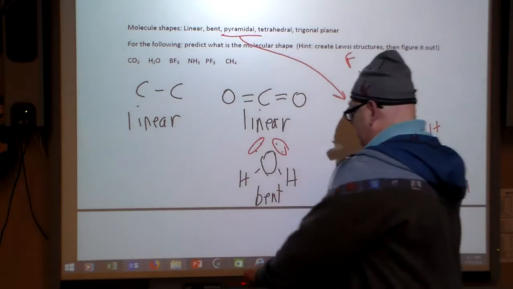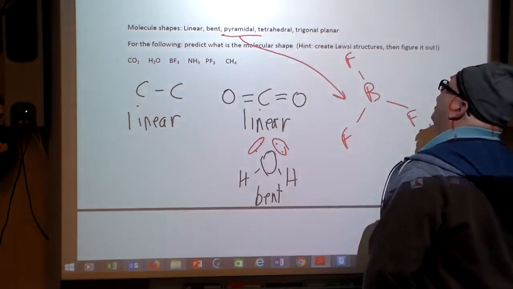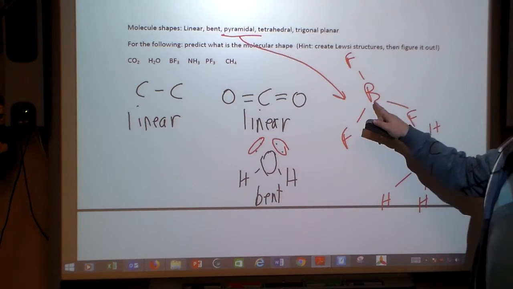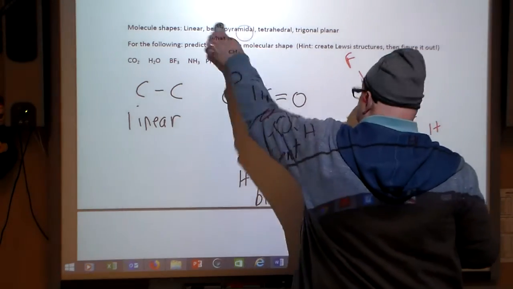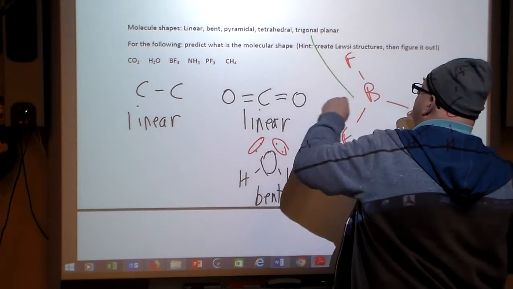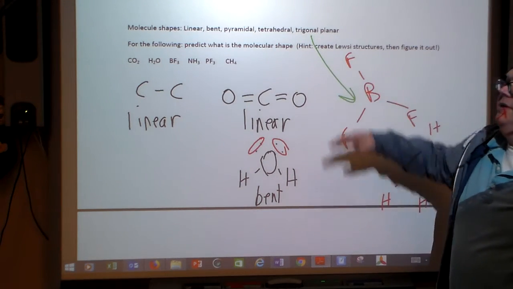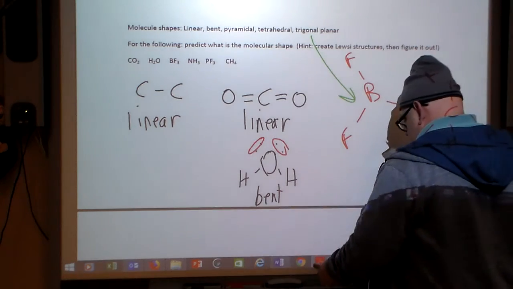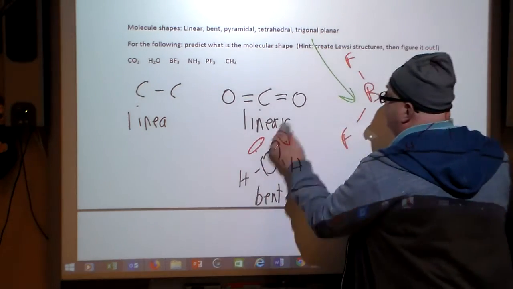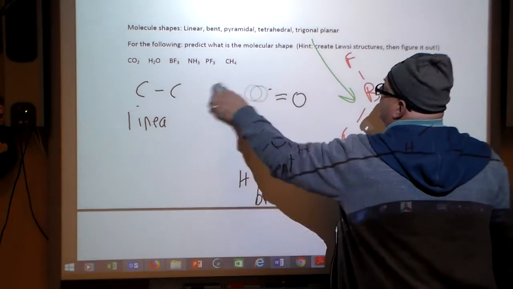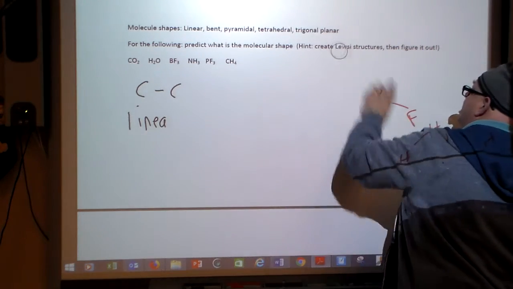The trigonal planar we already have. Oh gosh, I screwed up. This is not pyramidal. I'm so sorry, guys, I'm not awake. This is trigonal planar right here. It's a flat triangle. If I turn this, it's going to be flat. Pyramidal, what does that look like?